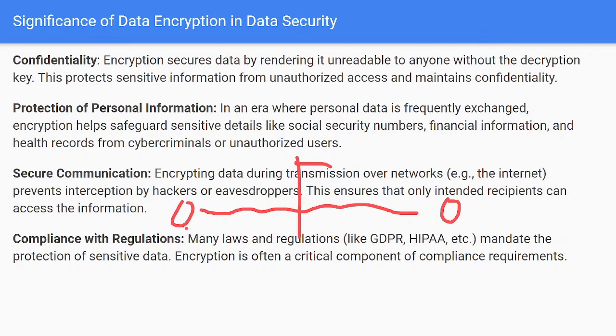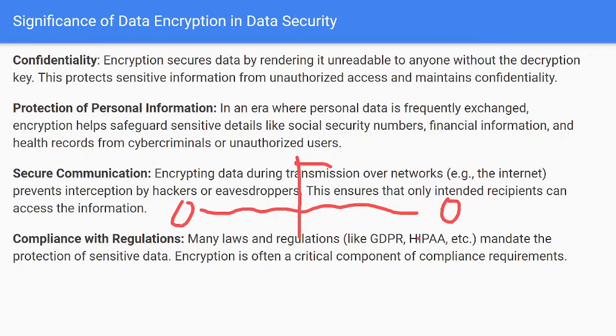You get. And the next one is compliance with regulations. We have a lot of regulatory bodies, right? Many laws and regulations like GDPR, HIPAA, etc. mandate protection of sensitive data. These bodies ask that your data should be secured. If you are dealing with financial data, it should be secured.